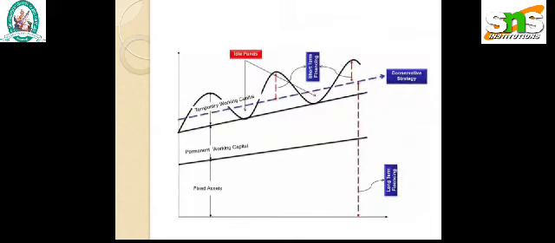Now see the diagram. There are three levels. First one is fixed assets, second one is permanent working capital, and the last one is temporary working capital. In the fixed assets, there are no changes. It will go smoothly to the end.